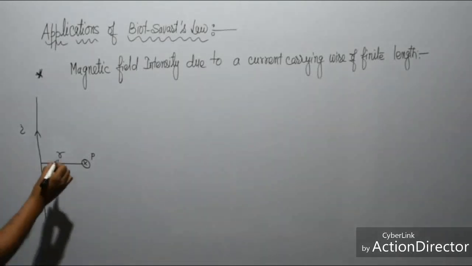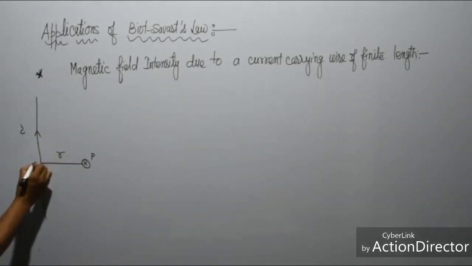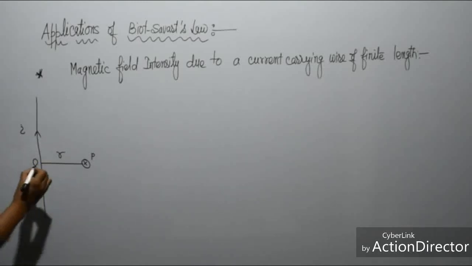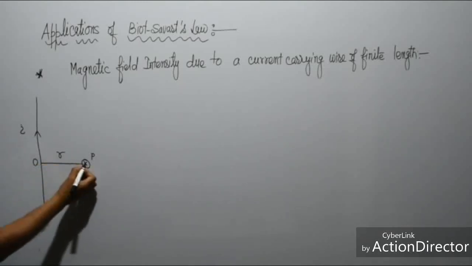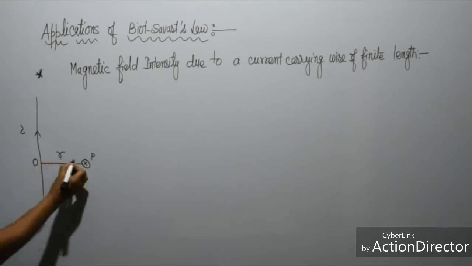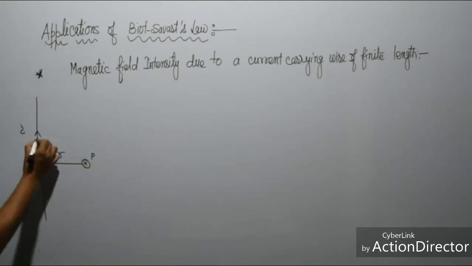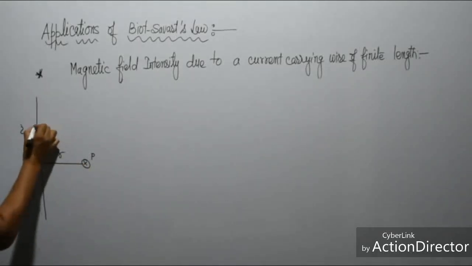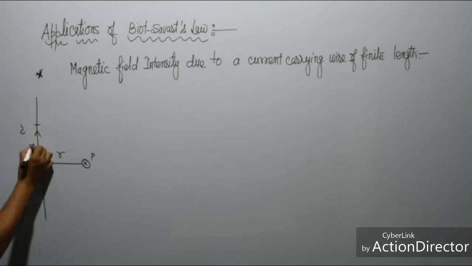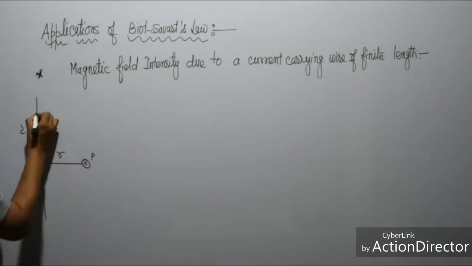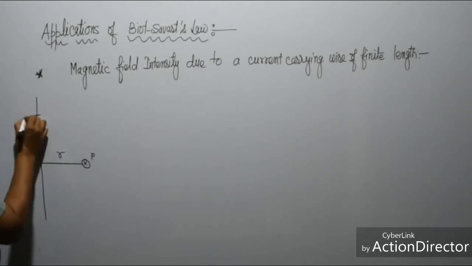So here at a distance from point O, suppose this is the point just opposite to point P on the wire, we take a distance x, and from this distance its elementary part is taken delta x.